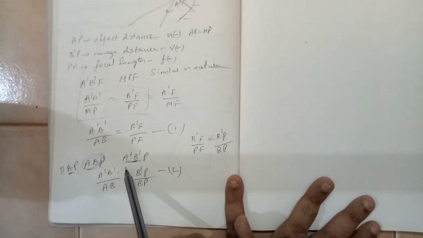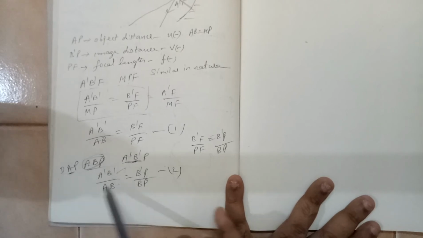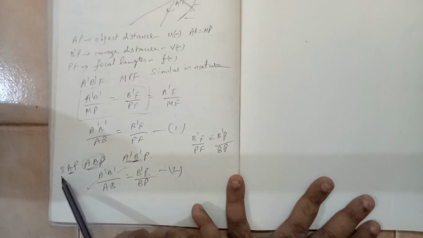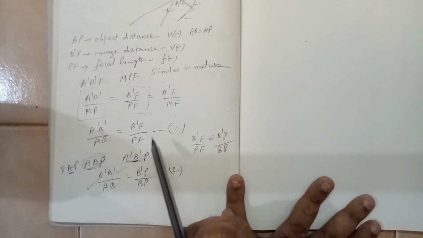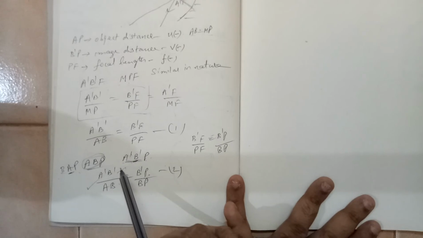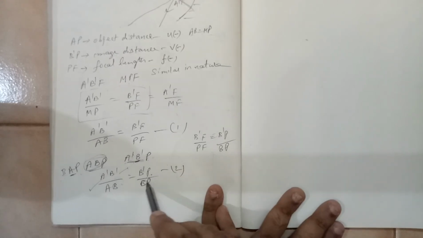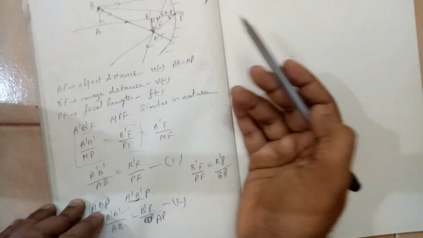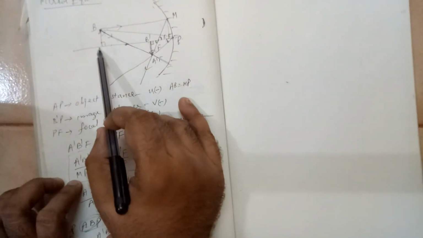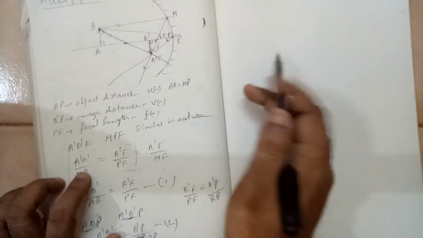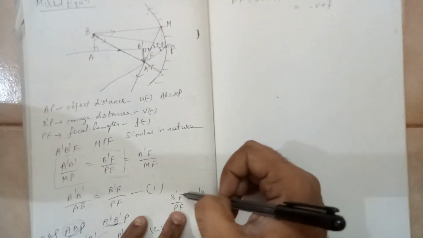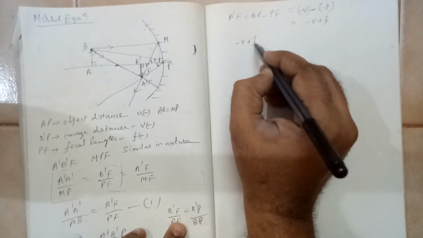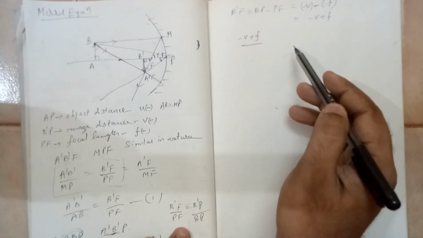So A dash B dash divided by BA, or AB, it is okay. B dash P will be divided by AP. Here you should get AP. What is AP? AP is the object distance. We can directly put the values now. So B dash F is equal to, we have calculated, minus V plus F divided by PF.